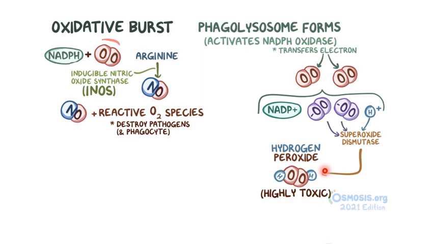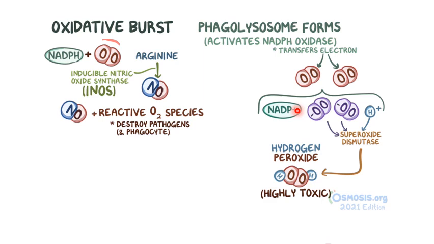And what is that enzyme doing? It's going to unmake your superoxide. It's going to make it into something else. It's going to make it into hydrogen peroxide. Okay? So it gets this highly reactive superoxide and transforms it into hydrogen peroxide.